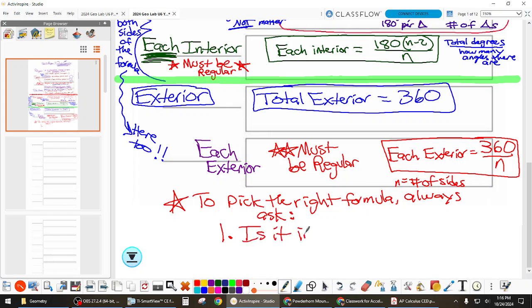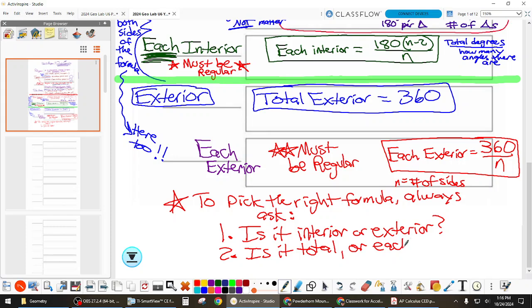Is it interior or exterior? 2. Is it total or each?